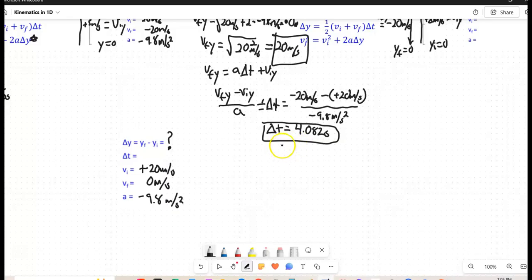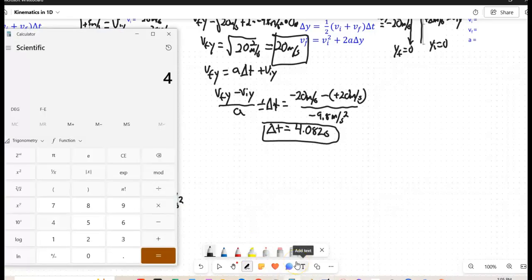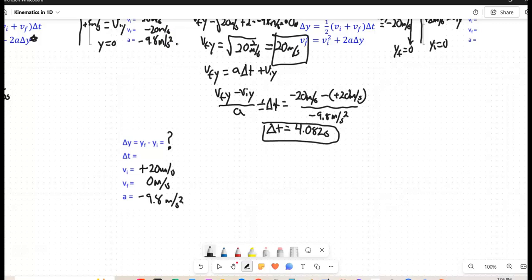If the total time of flight is 4.082 seconds, then we know it reaches its maximum height at half that time, because that's one of the rules. Divided by 2, that's 2.041 seconds. So we know a lot of information.